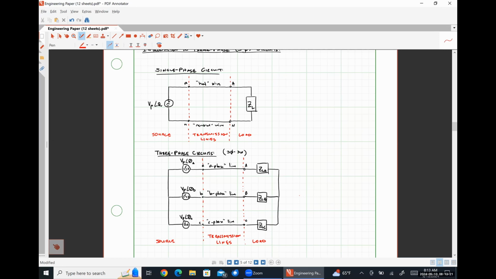To deliver 3 times as much power to 3 loads, like we have on our 3-phase system, it requires a sum total of 3 wires, which means we deliver 3 times as much total power for only 1.5 times as many wires. So it's physically cheaper to set up a system like this, which is why 3-phase power is usually used.